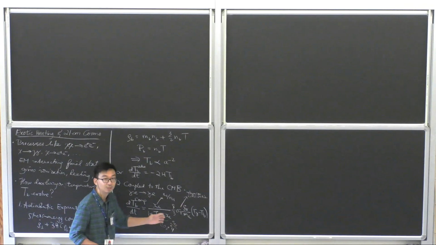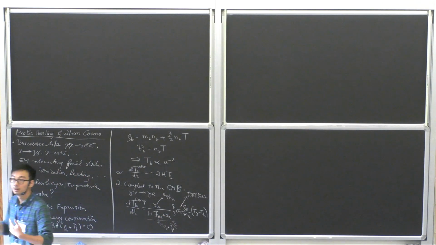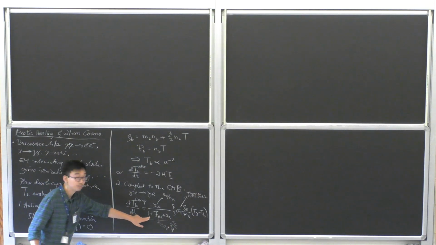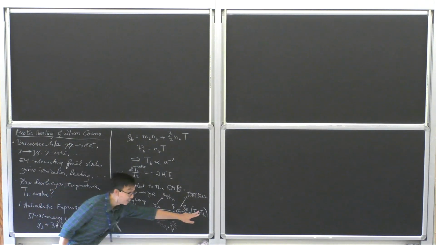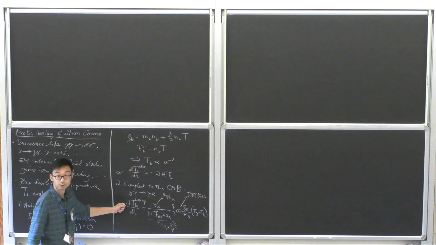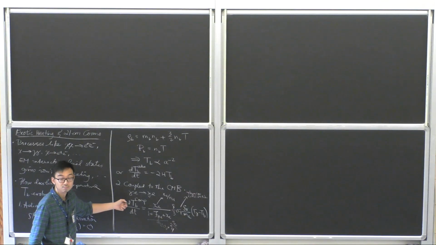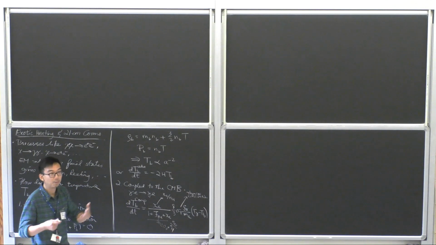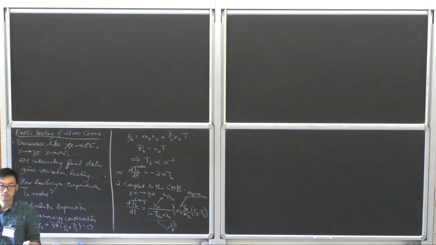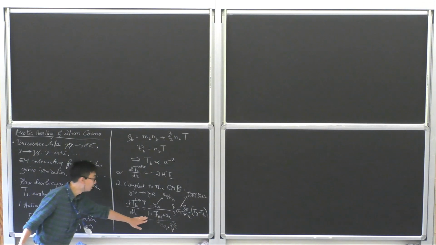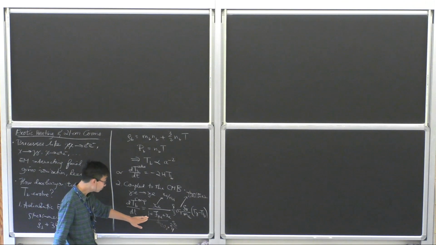And so this is like counting the number of degrees of freedom in your gas. And if you think about the reason why it's appearing here, it's because I'm taking some energy transfer and I want to convert into temperature. And so I have to divide by the number of degrees of freedom in my fluid. Okay, and so that's why there's something that looks like this here.